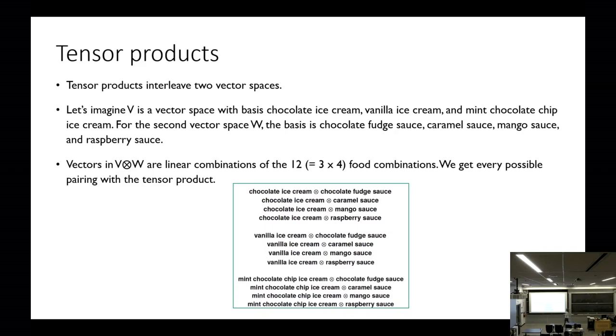So we get every possible pairing when we take the tensor product. We get chocolate ice cream with chocolate fudge, with caramel, with mango, with raspberry. We get vanilla with all those, and we get mint chocolate chip with all of those. I feel like that at least makes intuitive sense.